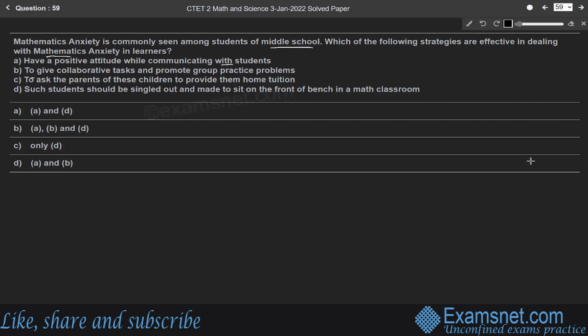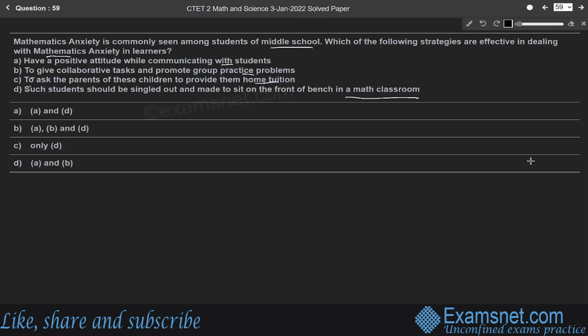Option B, give collaborative tasks and promote group practice problems. Option C, ask the parents of these children to provide them home tuition. Option D, such students should be singled out and made to sit on the front bench in the math classroom.